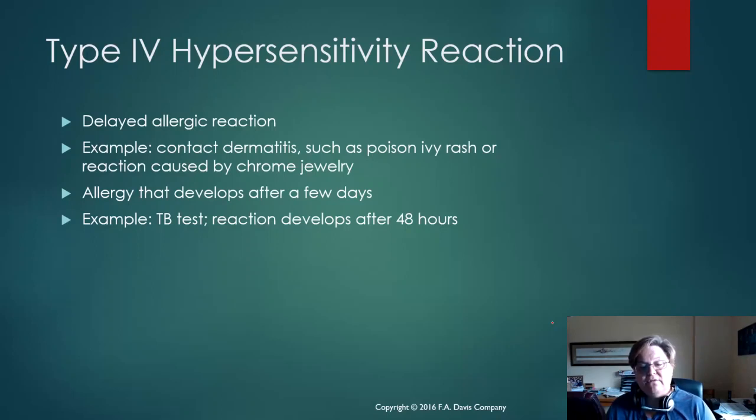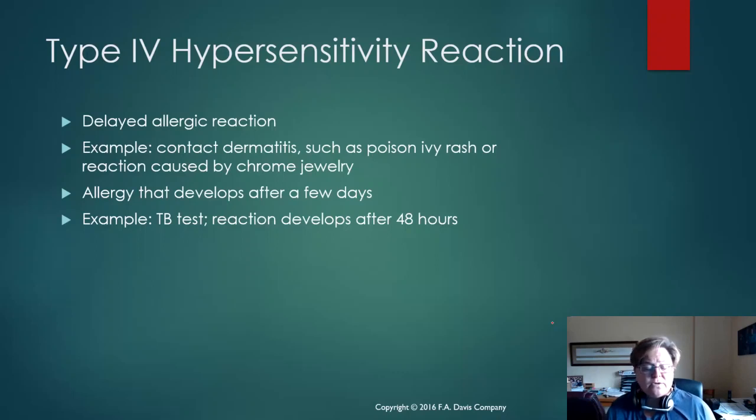It develops after a few days typically. Another example of a type 4 reaction is the TB test, and you'll get that if you haven't had one before you start nursing school. It's a test that is trying to determine if you've been exposed to tuberculosis before.